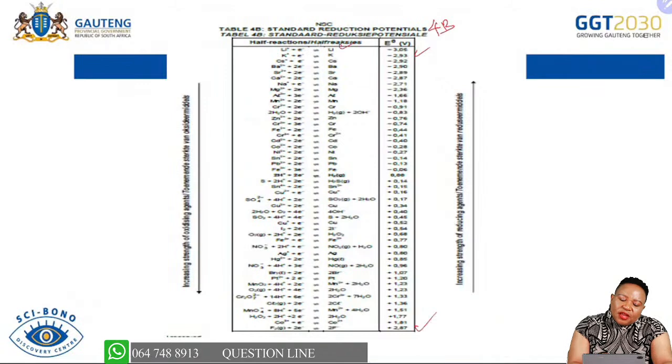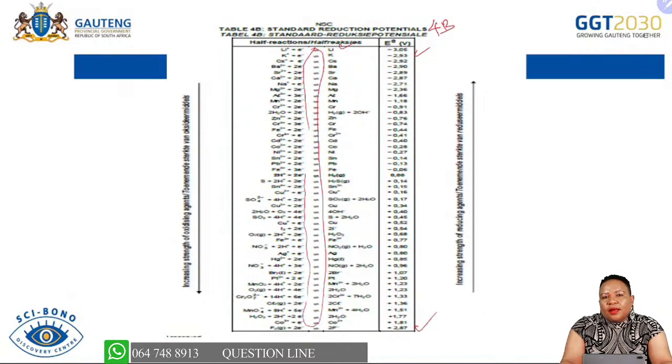This table has these reversible arrows. These reversible arrows are just saying to us, it doesn't mean that these reactions are reversible.